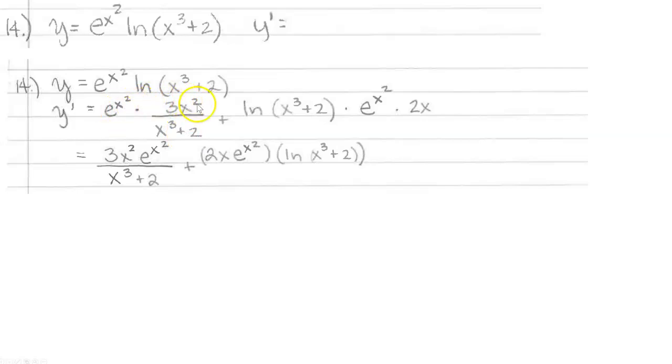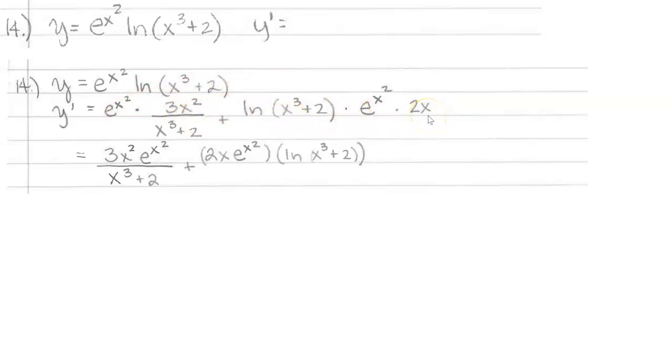So first times derivative of second plus second times derivative of first. The derivative of e to the anything is e to that thing times the derivative of that thing. So derivative of e to the x is e to the x. Derivative of e to the u would be e to the u times the derivative of u. So again, this is first times derivative of second plus second times derivative of first.